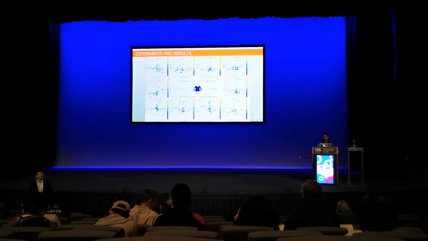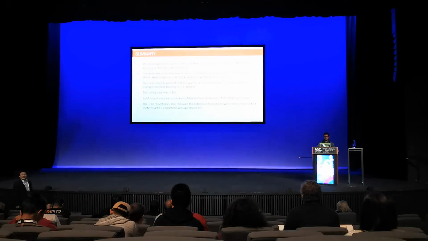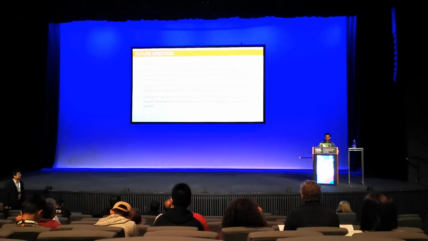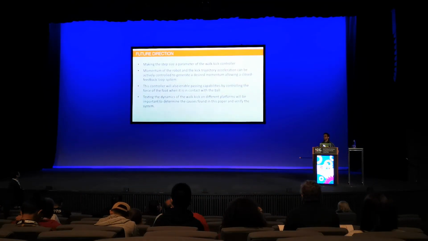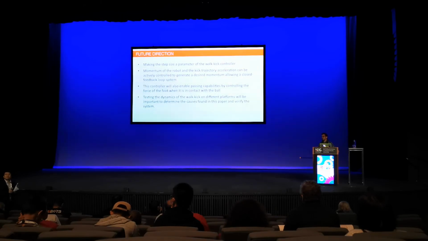Yeah, so that's implicitly here where we talk about actually controlling the momentum of the robot. If there's a closed feedback loop where the robot's controlling the momentum, we're actually able to generate that kind of high level momentum, and then being able to monitor the trajectory of the center of mass to be able to do that while still maintaining the robot stable. So definitely that is a future direction that we can take.